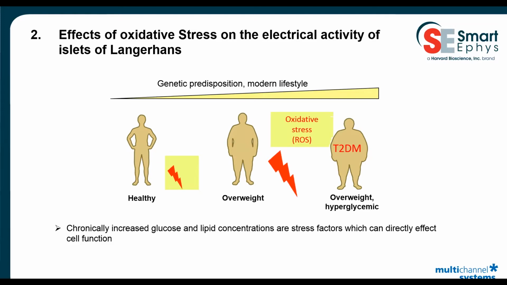And these stress factors, generated in the form of oxidative stress or reactive oxygen species, can directly affect beta cell function. And the question was here, are stress-induced effects detectable via the MEA technology?